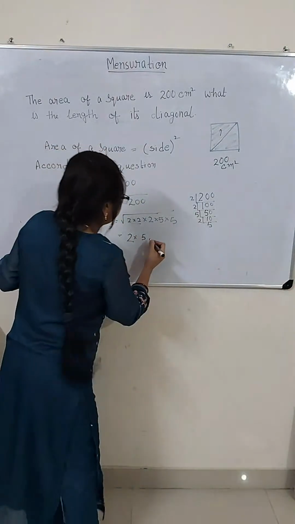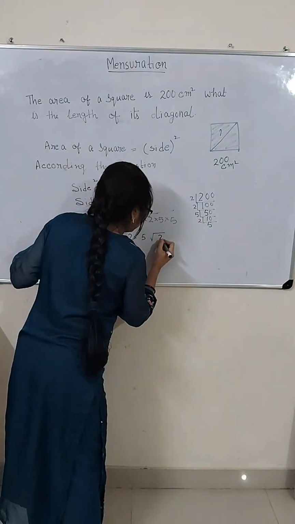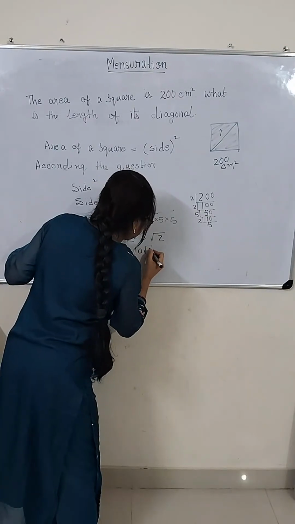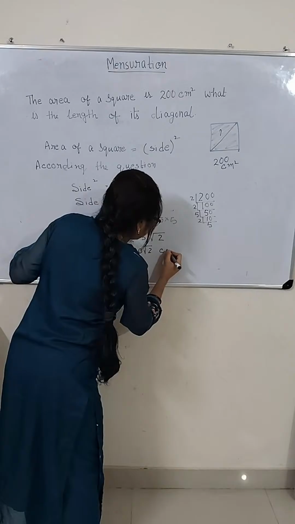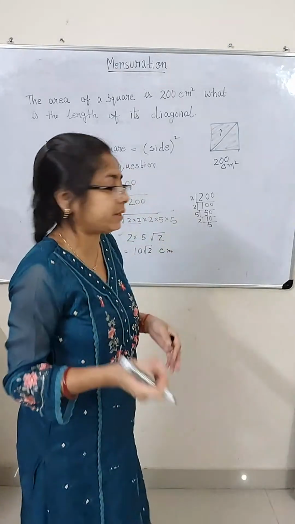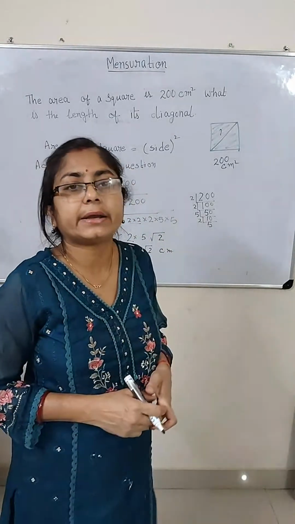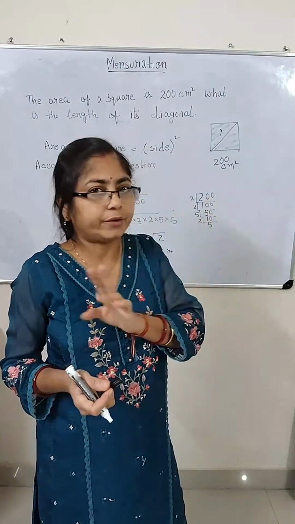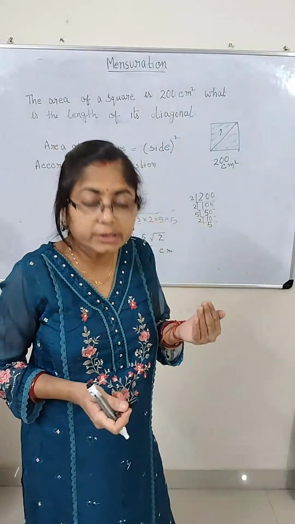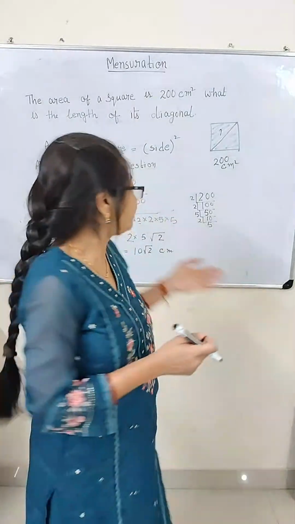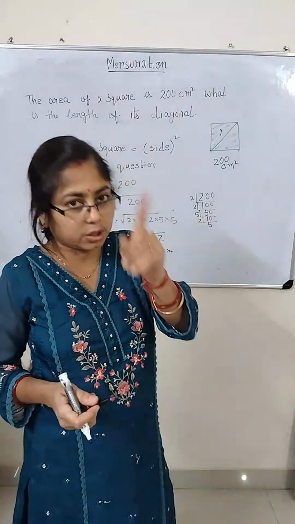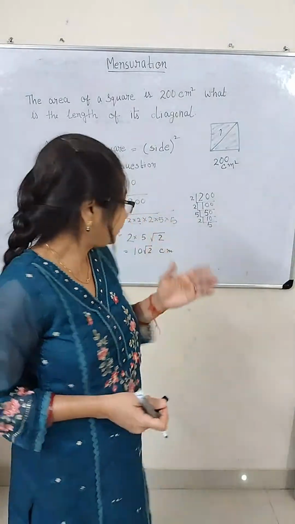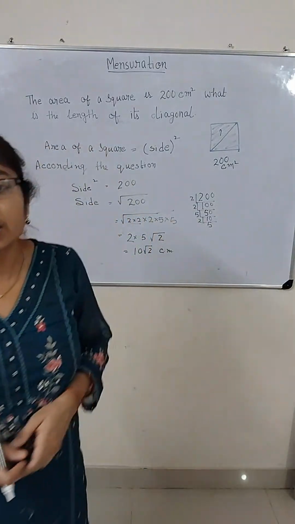So I write it as 10 root 2 centimeter. One more time I repeat it. If there are pairs, you take one for every two numbers, and the one which has no pair, you put it inside the root. Complete this part first.